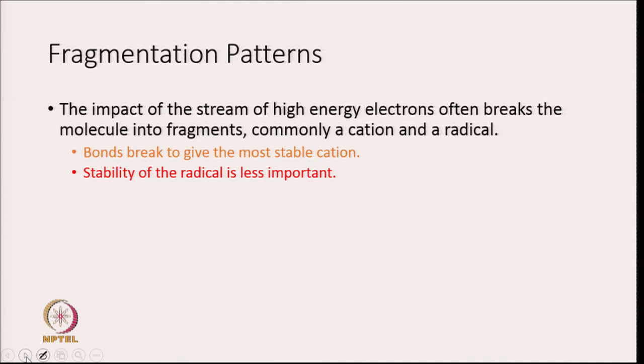One fragment will exist as a cation, whereas another fragment will exist as a radical. So, bonds break to give the most stable cation. Generally, if there is breaking of a bond, then the most stable cation is formed. Stability of the radical is less important.